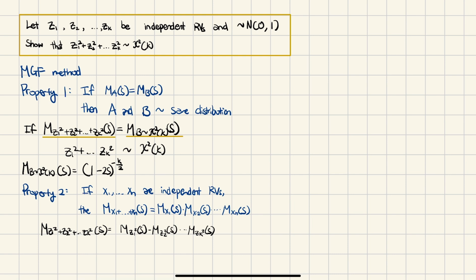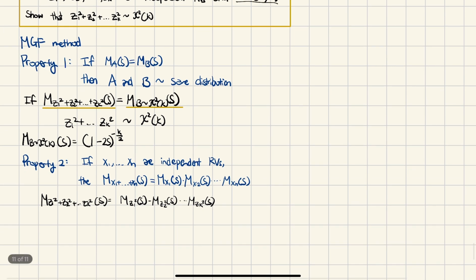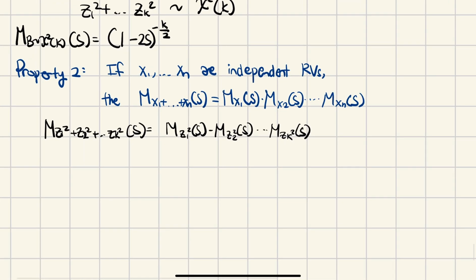And since they are independent, their squared values must also be independent. And since all of them follow the same distribution, a standard normal distribution, their single moment generating functions must be the same.